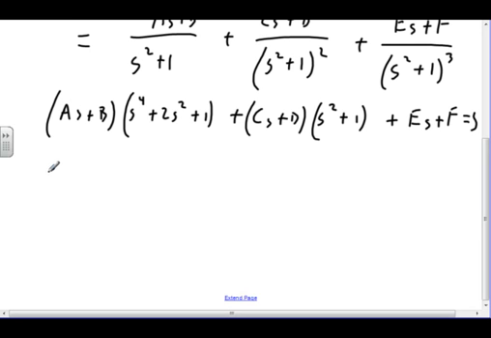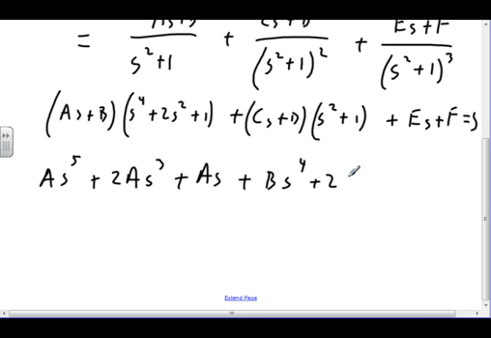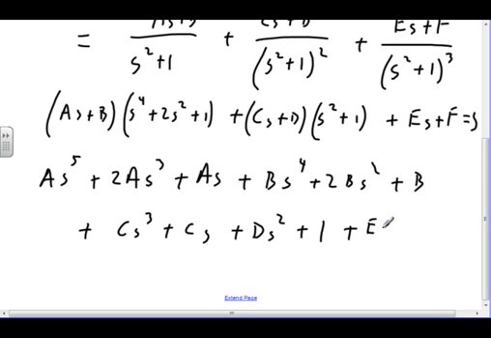Expanding, I get As to the 5th plus 2As cubed plus As, plus Bs to the 4th plus 2Bs squared plus B, plus Cs cubed plus Cs, plus Ds squared plus D, plus Es plus F, is equal to s.